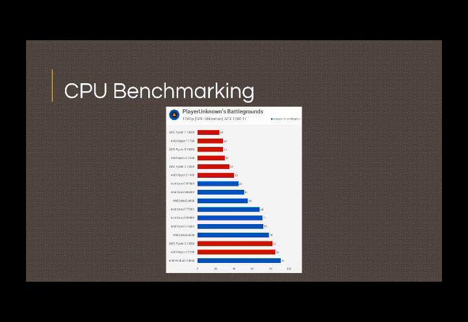We can see that the AMD CPUs have performed better as their CPU utilization is lesser. Now, I must say that these numbers that are given in this graph are actually percentages. Now, the top ranking CPU in these benchmarks is the AMD Ryzen 7 1800X, which only uses 24% of its CPU while playing this game.